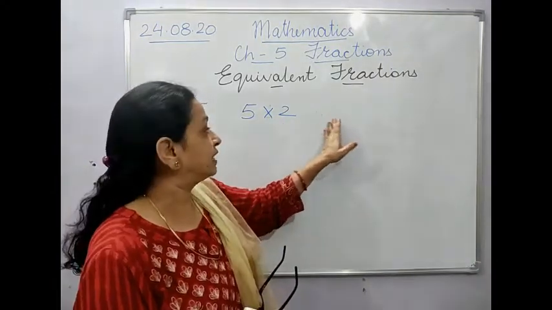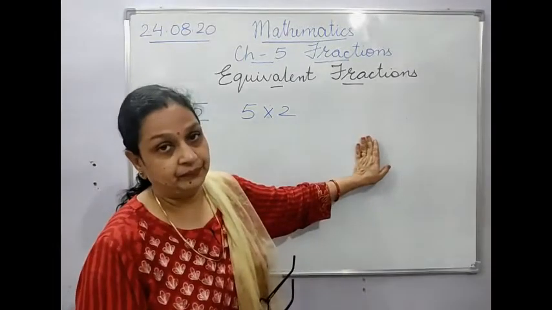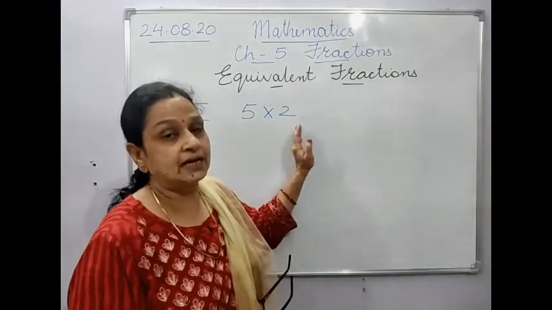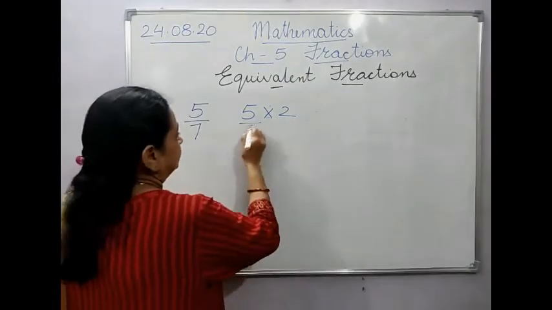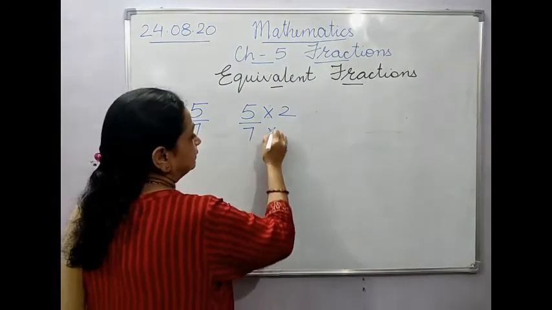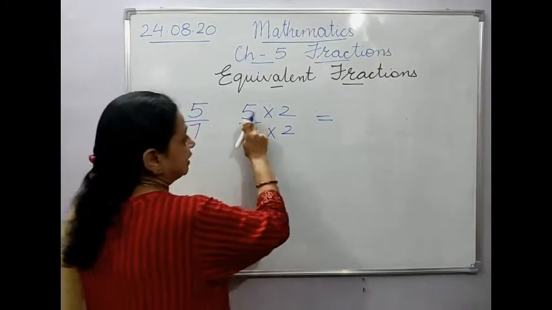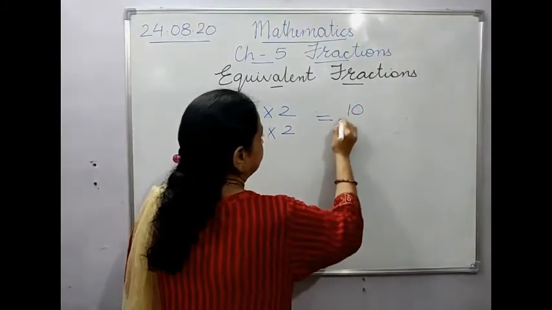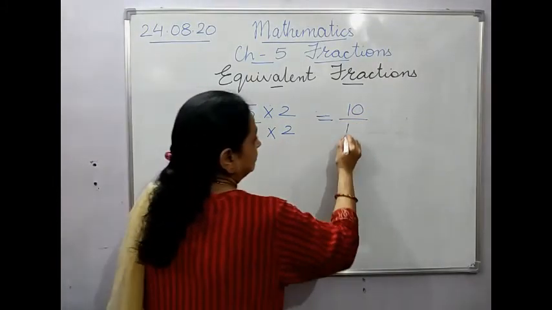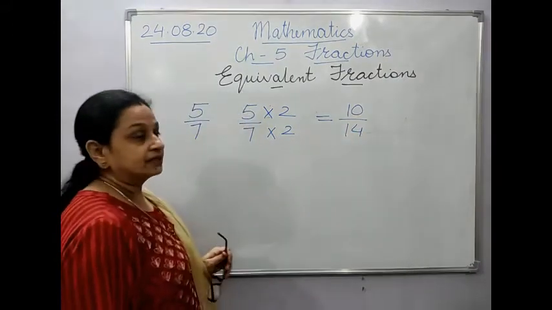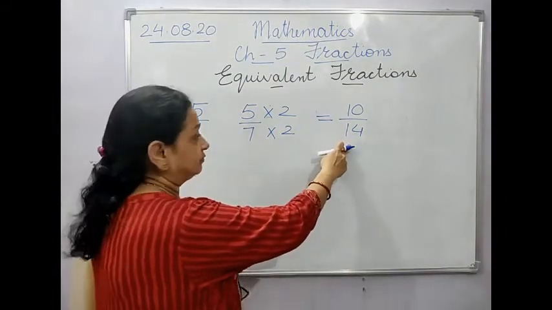We will find out the fraction by multiplying it. Okay, so we normally start with 2. Both the numerator and the denominator with the same number, and then 5 2s are 10, 7 2s are 14. This is your first equivalent fraction of this.